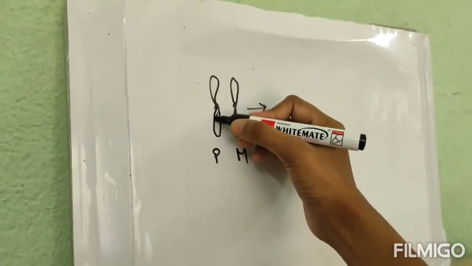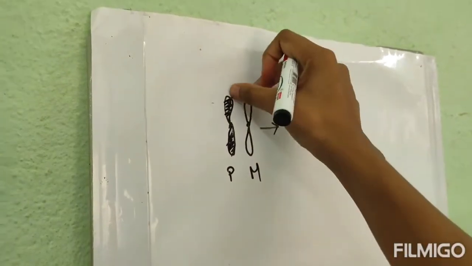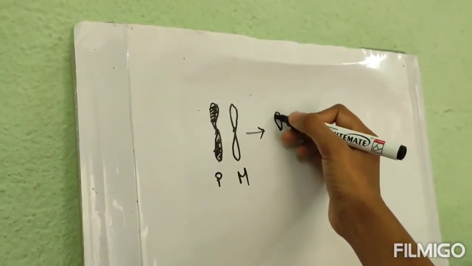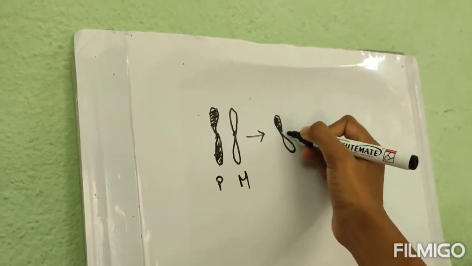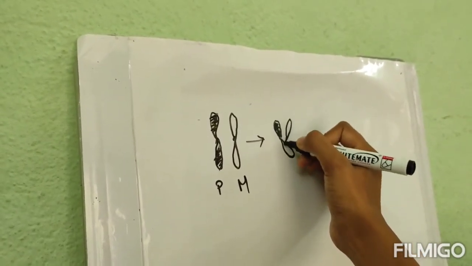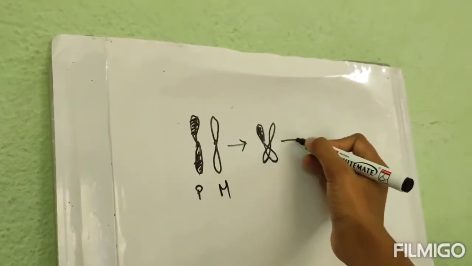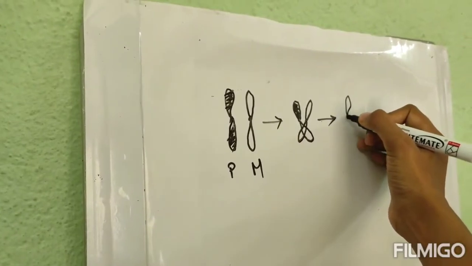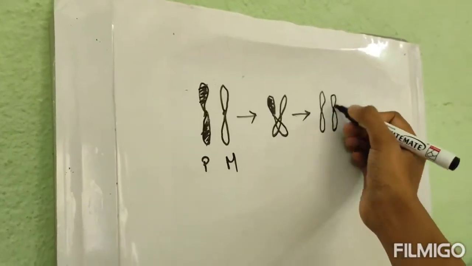Suppose this chromosome looks like this, and this is the maternal chromosome.